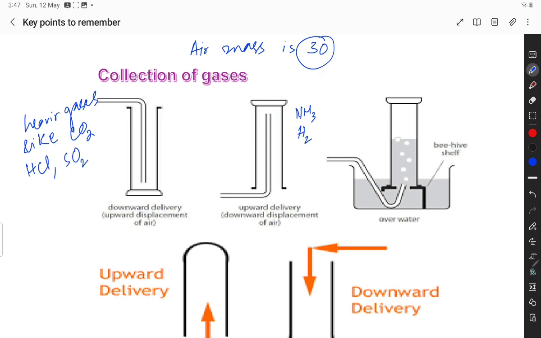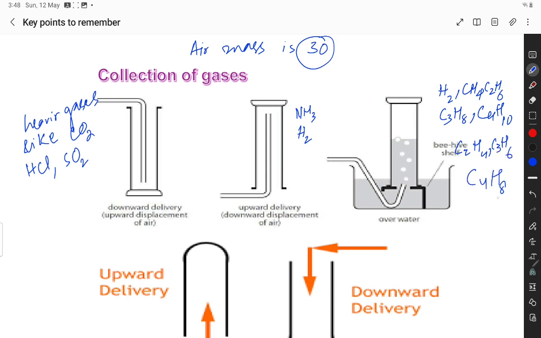Gases which are insoluble in water can be collected using this separator. Hydrogen is an insoluble gas, and so are CH4, C2H6, C3H8, C4H10, and similarly C2H4, C3H6 and C4H8.